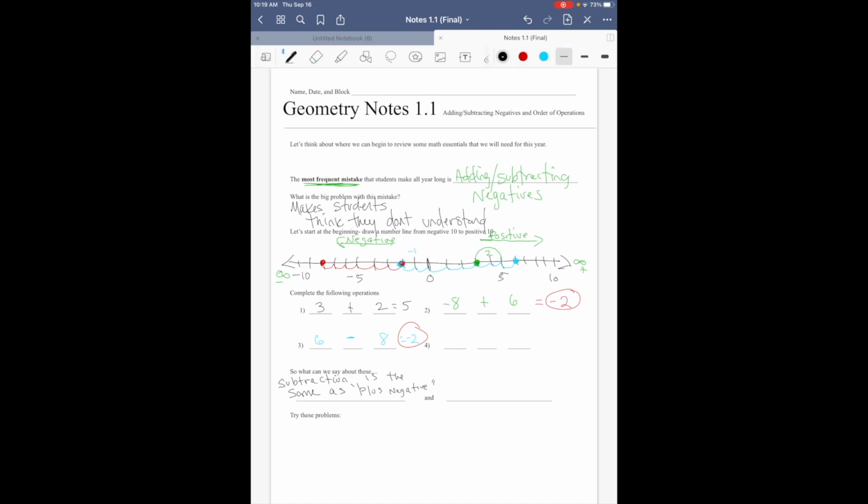So if I said, we're at, and let's clean this up just a little bit now. I might have to just draw a new one. It's hard to read. Let's draw a new one real quick. Negative 10, 0, positive 10, 5.